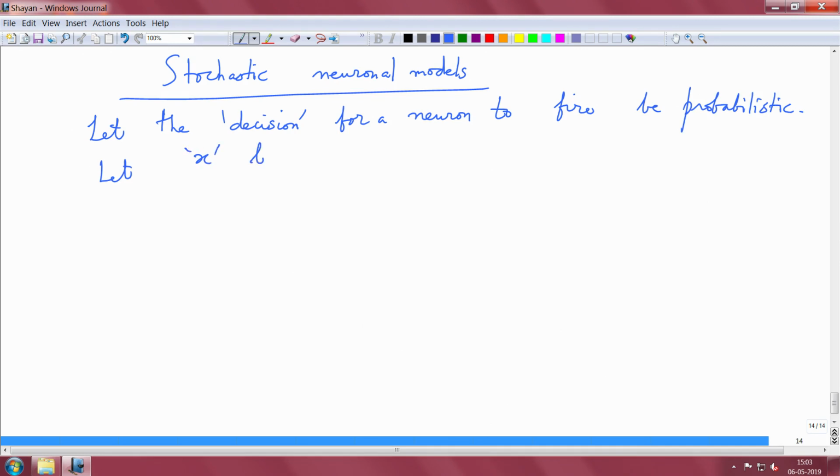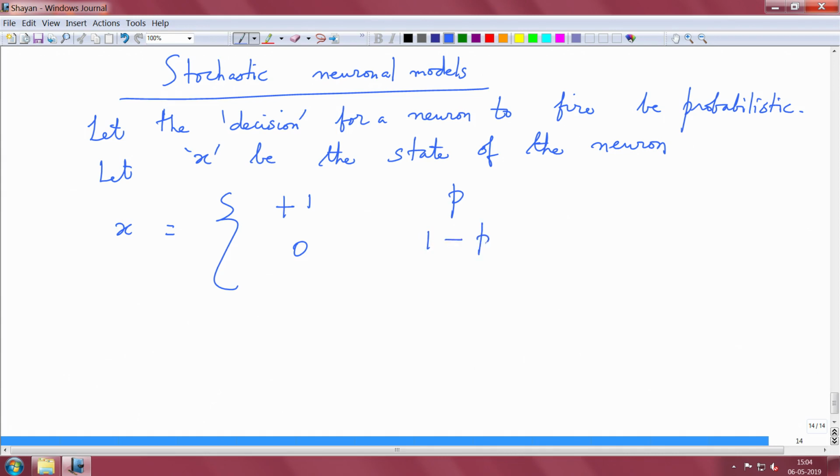Let x be the state of the neuron, and this state of the neuron is +1 with a probability p, and it is 0 with a probability 1 minus p. This is like a Bernoulli process. So the state of the neuron is +1 with a probability p, and it is 0 otherwise.